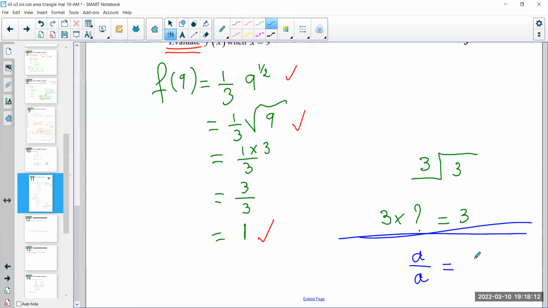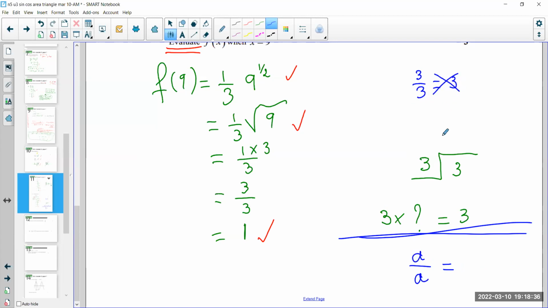A. So remember, A could be any number. If I ask you 3 divided by 3, A divided by A, you just said to me A. If it's A, that means it would be 3. Is that correct?